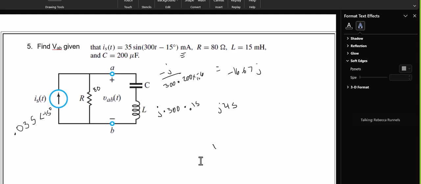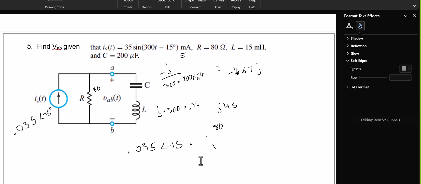And so what I want to do is take 0.035 angle negative 15 times 80. Shouldn't you use the cosine?